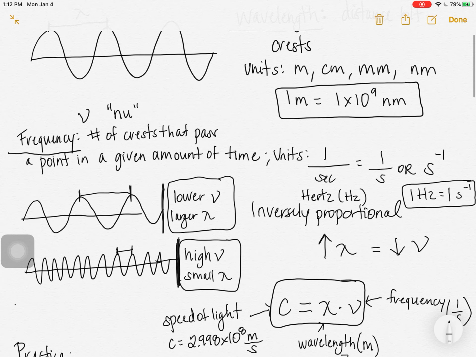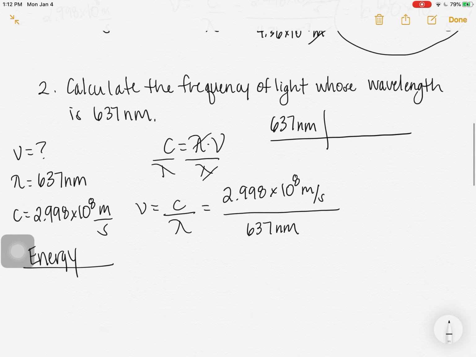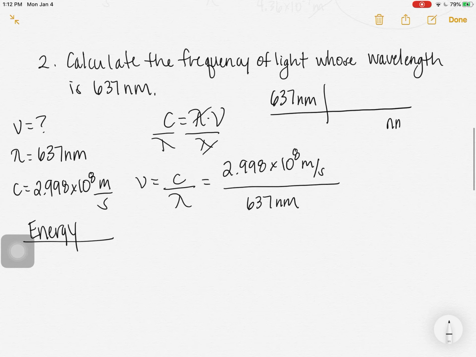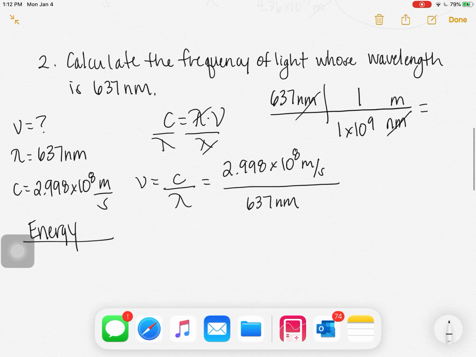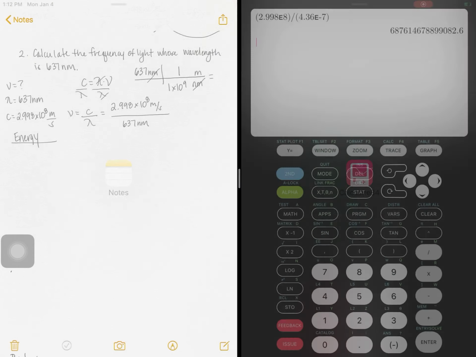Okay, if we go back and look up what we were taught, here it is right here. 1 meter is 1 times 10 to the 9th nanometers. Okay, so remember nanometers on the bottom, meters on the top, so I can cross out. We said 1 meter was 1 times 10 to the 9th nanometers. So I have to do that math first. So let's bring back my calculator.